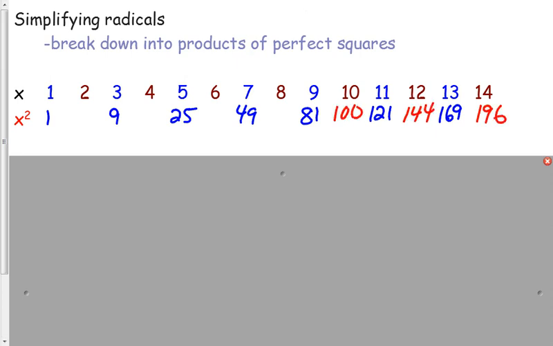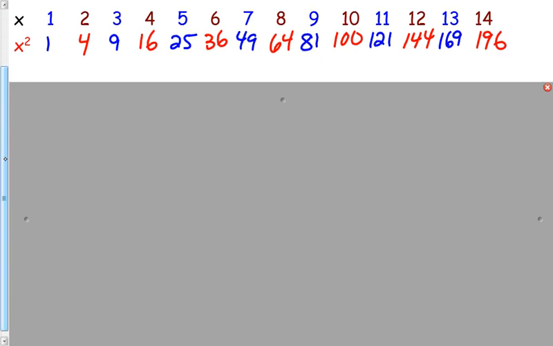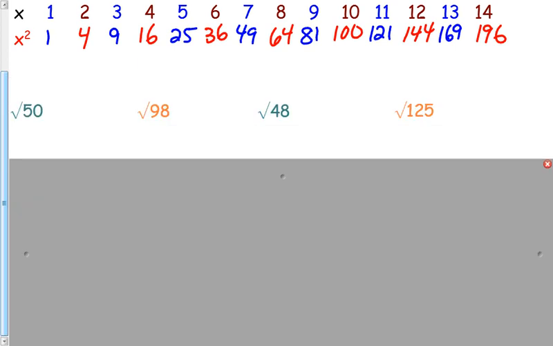So take a moment, copy this table down. I'm doing every other color so that it's a little easier to see. But there are your perfect squares, x and x squared through 14. You should know through 15 on your own.